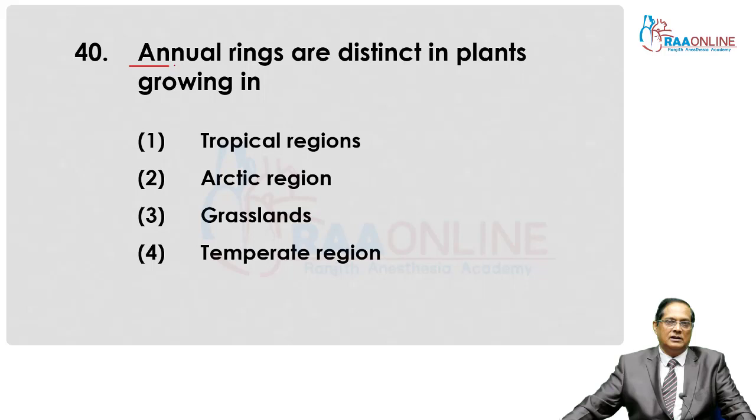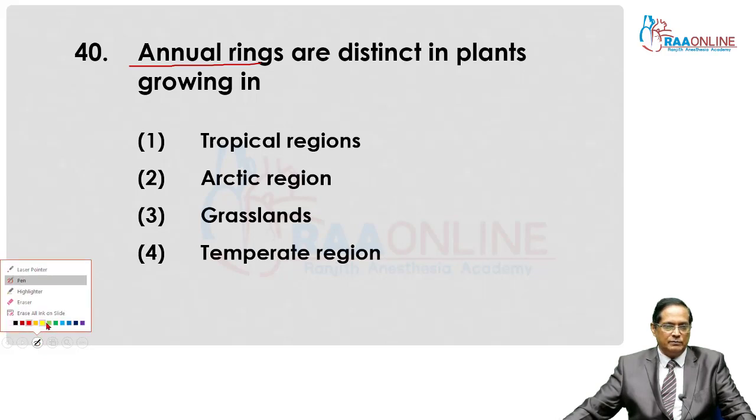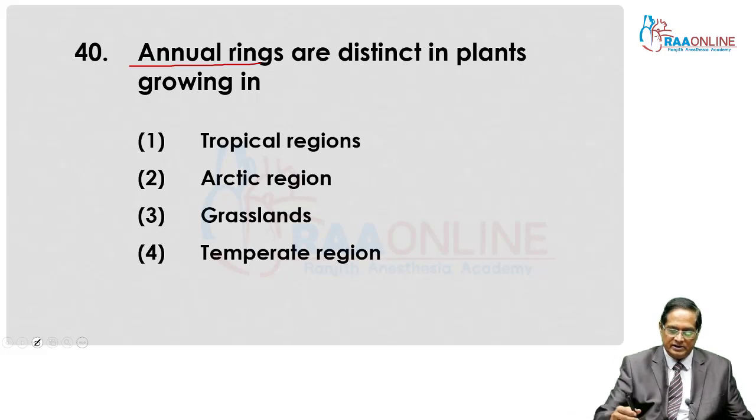Annual rings. The activity of cambium is not uniform, especially in temperate regions.